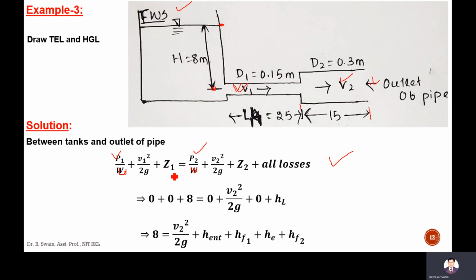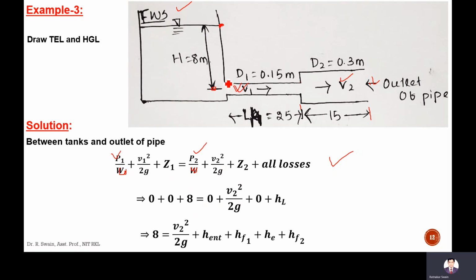Actually, we have to take it at this point and this point. Here Z1 is this point. If you take Z1, it is 8 meter. The potential head, or the datum head we can say, is 8 meter. 8 meter is equal to V2 square by 2g plus all losses.